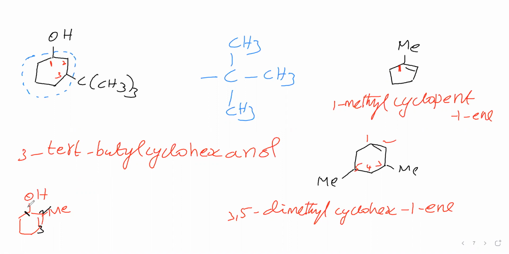Alcohol is the main functional group, so the alcohol-attached carbon should be number 1. Then the methyl group at the 2nd carbon, therefore 2-methyl. Then it is a cyclic compound, therefore cyclo, 6 carbons present, therefore hex. Double bond we can say as 2-ene, and alcohol we can say as 1-ol. It is the name of this compound. Okay. Next compound.